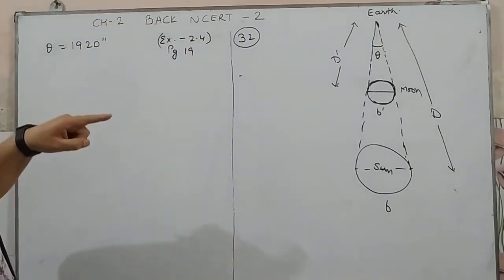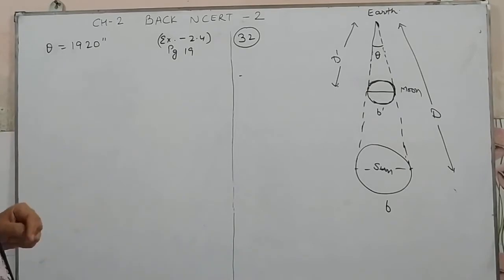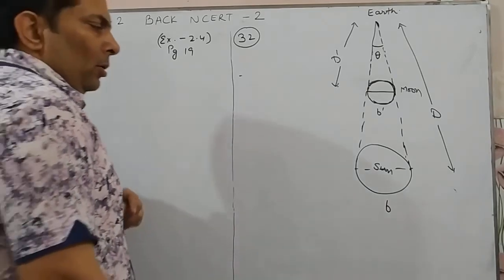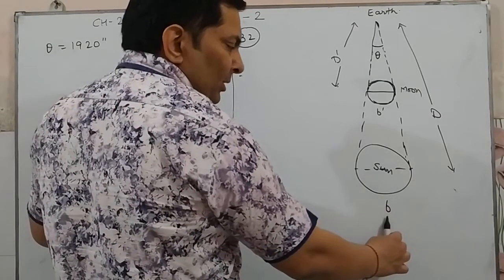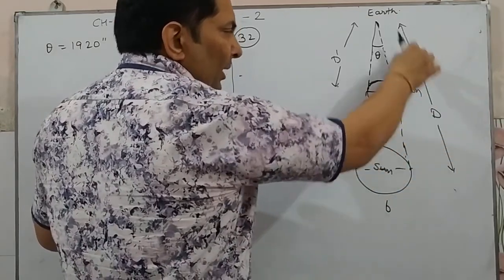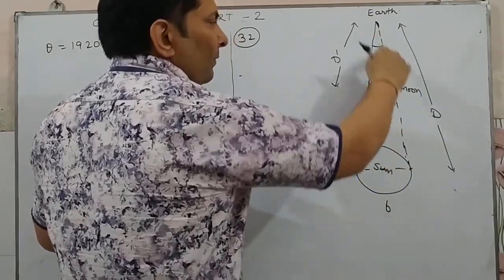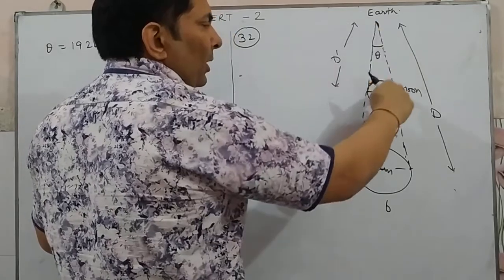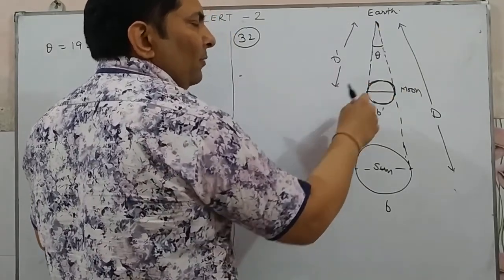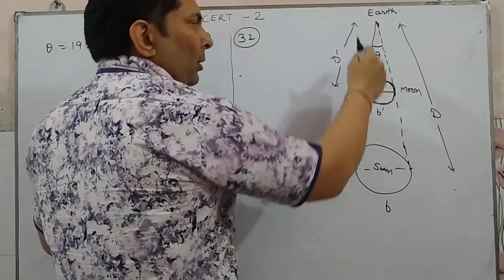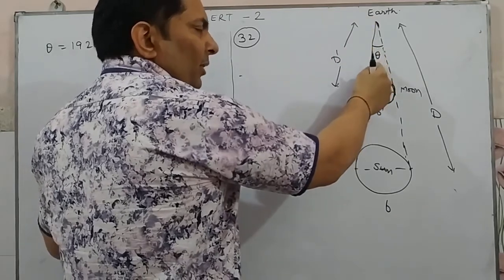So for this purpose, we will take theta equal to 1920 seconds. Now this is the required triangle for us in this case, because we are looking for the diameter of the moon. Theta we know.